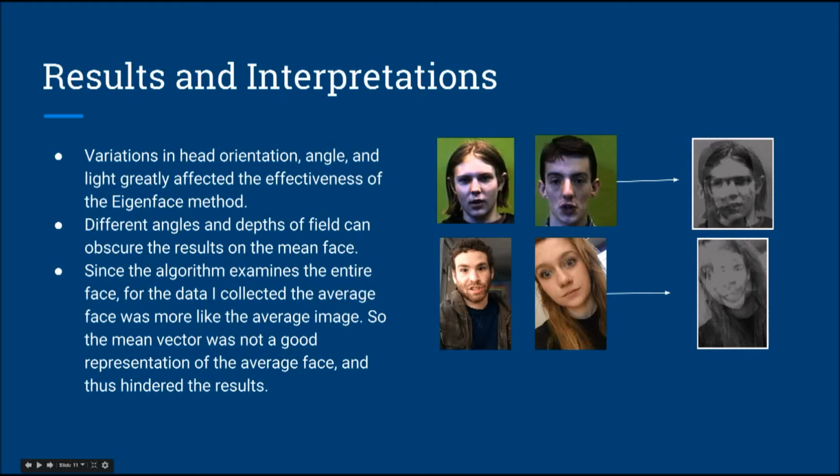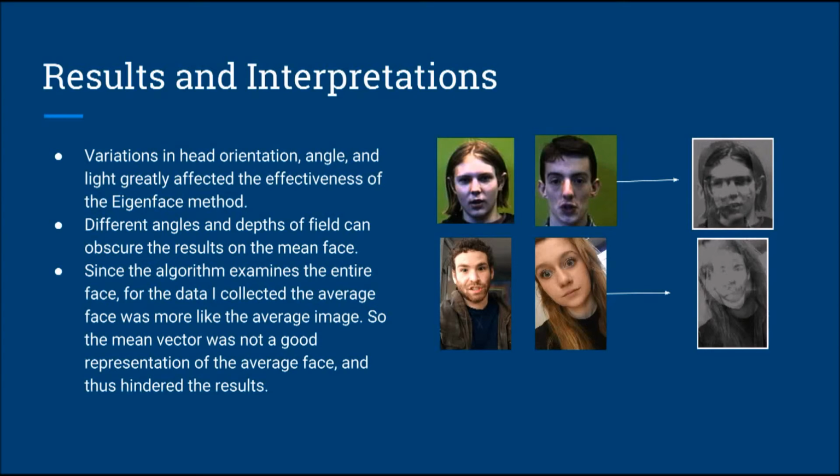That is why I think it failed: when you're examining the entire image, this calculation of the average face is not a true average face. It's the average image. So you're subtracting the average image off of these image vectors, and you're not getting accurate representations of the people's faces.